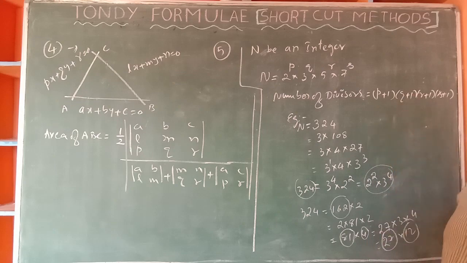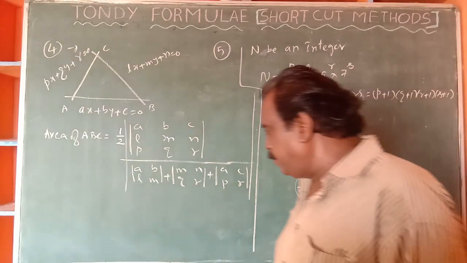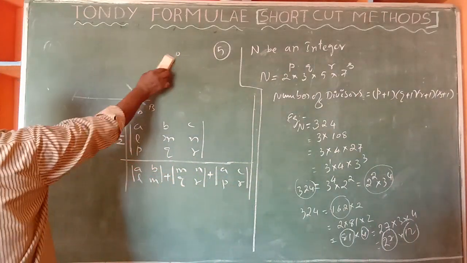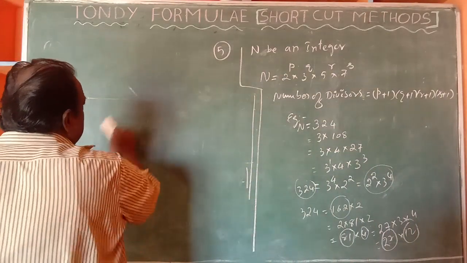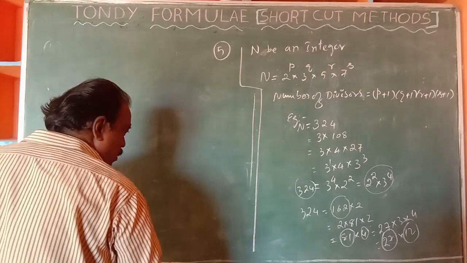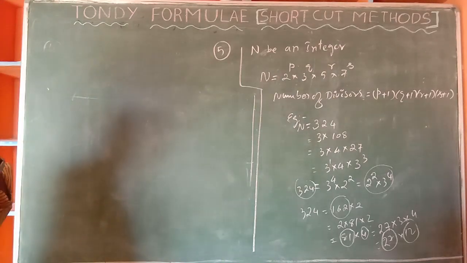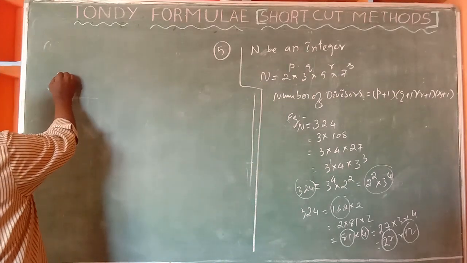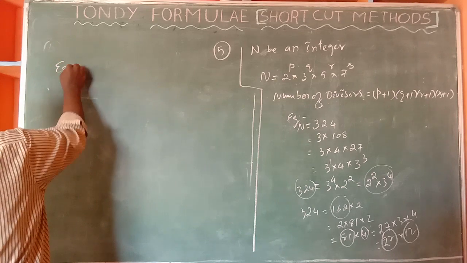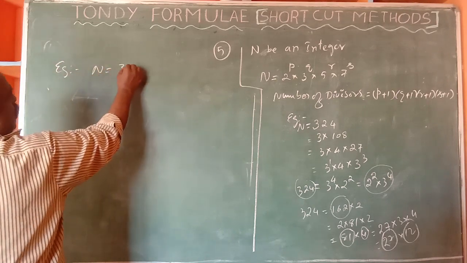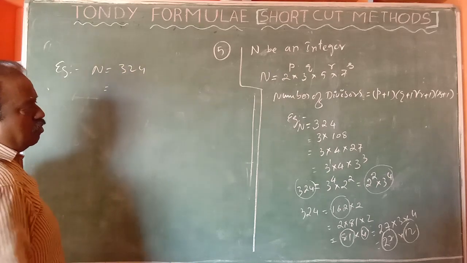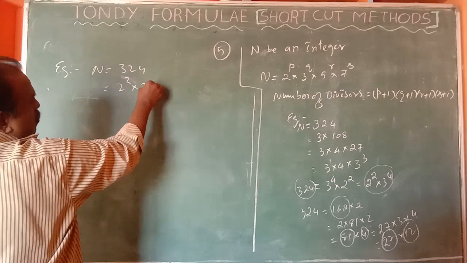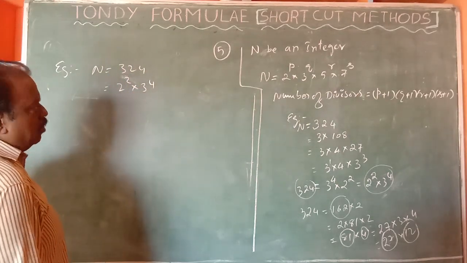Now we take one example. Given number capital N is equal to 324. Then 324 means it is 2 square into 3 power 4.